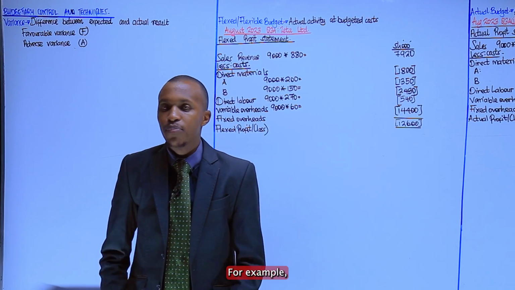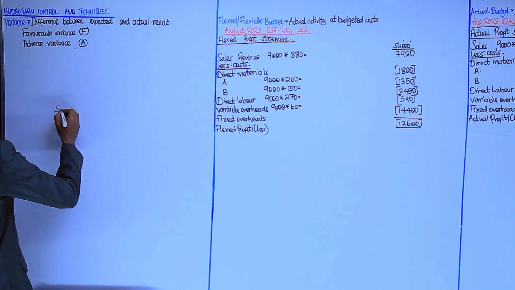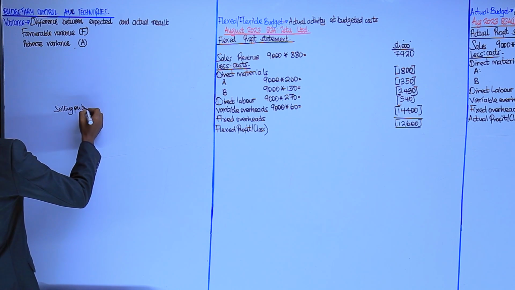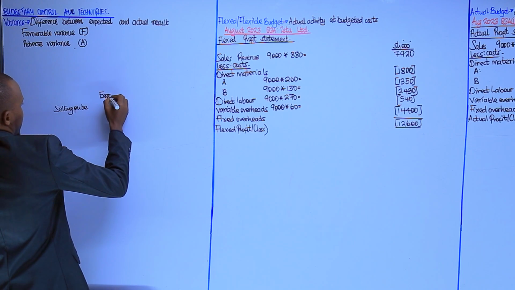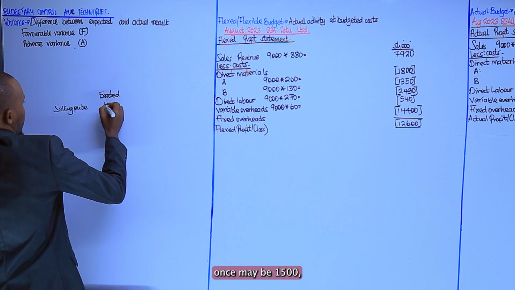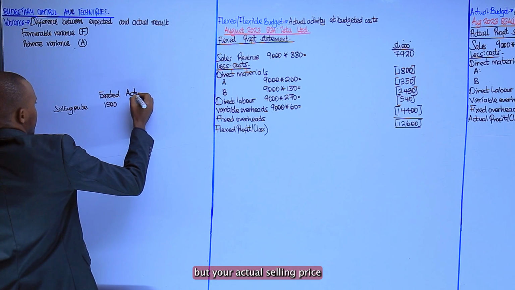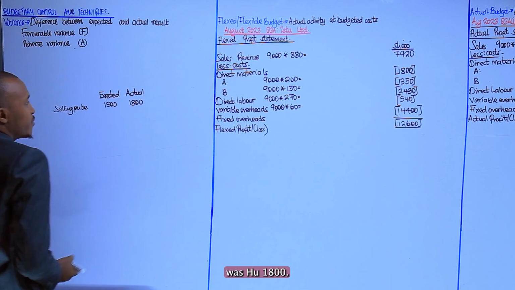For example, if it is a variance of selling price, your expected selling price was maybe 1500, but your actual selling price was 1800.